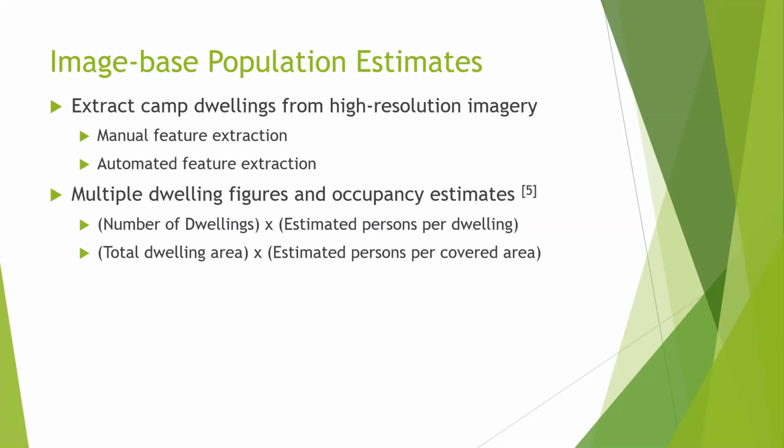Once the analyst calculates these dwelling figures, there are two different ways to calculate population estimates. They can either multiply the number of dwellings within the camp by the estimated persons per dwelling, or they can multiply the total dwelling area by the estimated persons per covered area statistics.